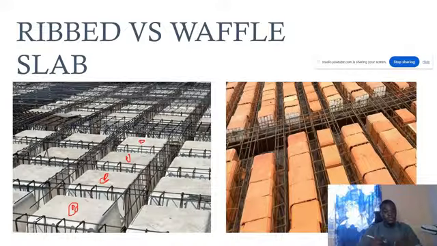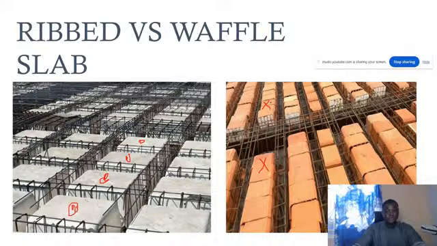Aside from the fact that waffle slab is in both directions and rib slab is in just one direction, another thing you can compare is that rib slab can be made with or without removable formwork. Like in this picture here, the rib slab is done with irremovable formwork, because after construction, these red bricks or clay bricks cannot be removed.